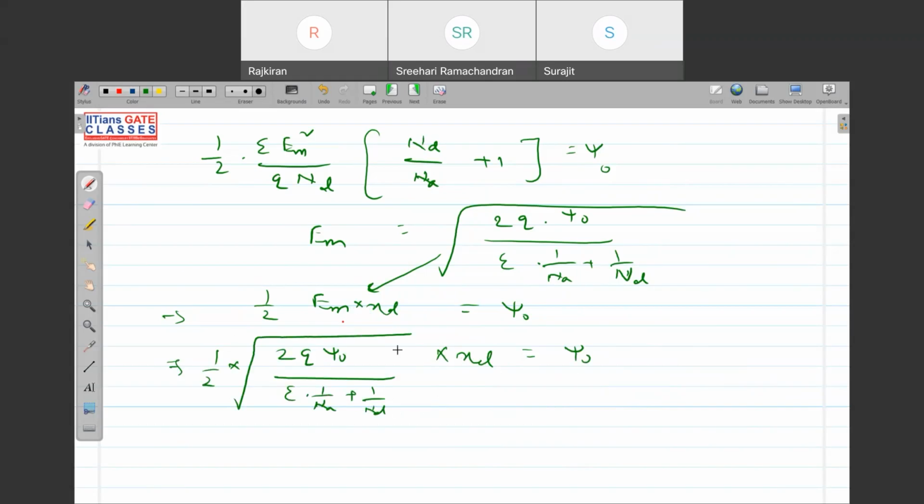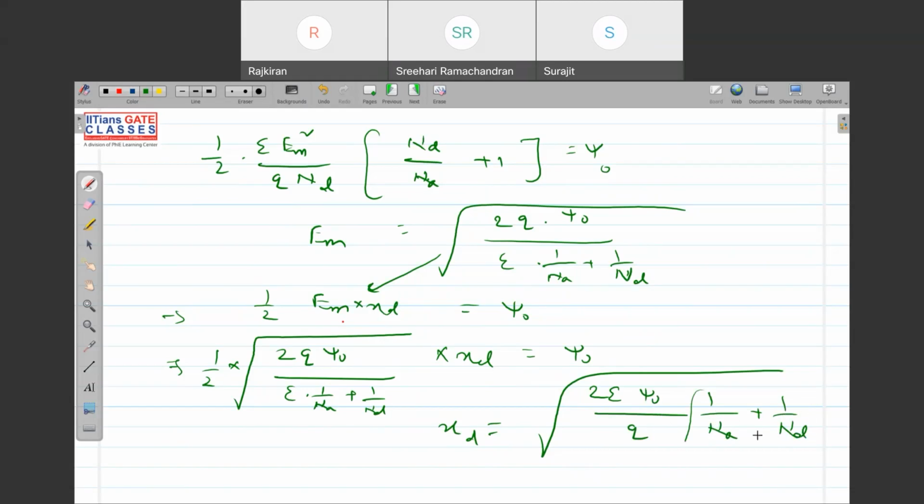From here, if you solve this, we will get xd. xd is equal to the root of 2 epsilon psi 0 by q into (1 by Na plus 1 by Nd). This is the depletion width.